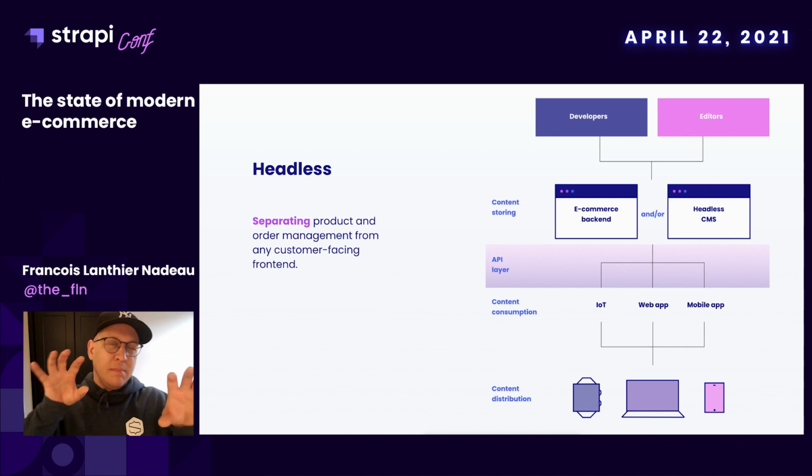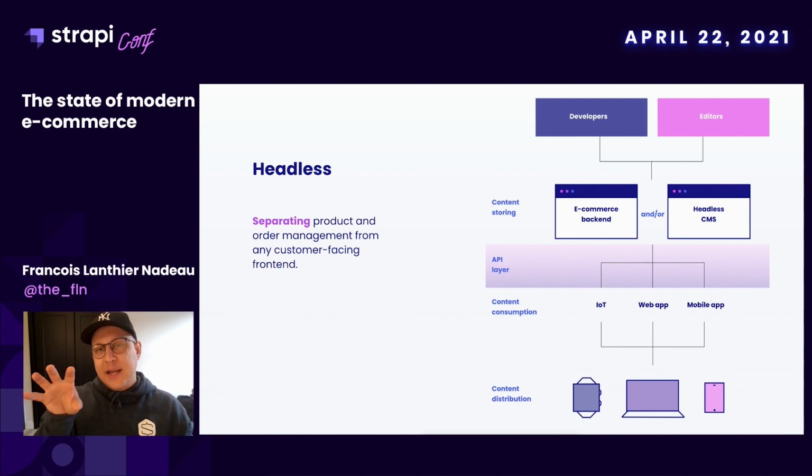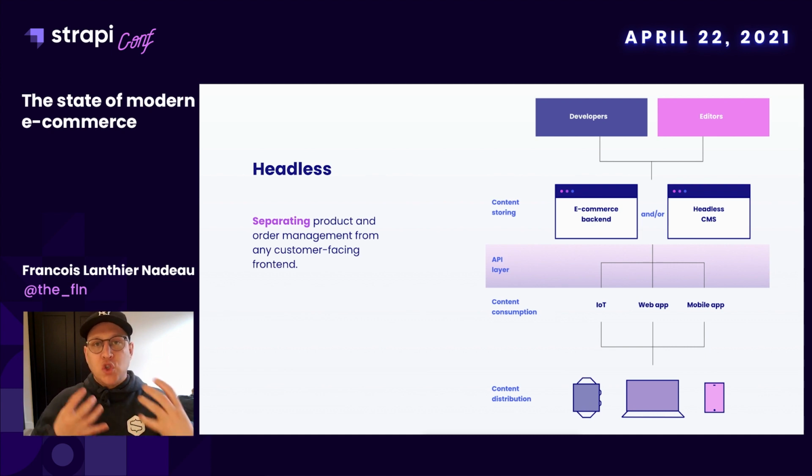And then more often than not, it will be paired with a headless CMS like Strapi, Contentful, Sanity, Nadeau CMS, all of these players. Why? Because these headless CMSs are better at managing an actual marketing site, and the e-commerce backend is better at managing an actual store, an actual e-commerce operation. So paired together in a headless manner, they often go hand in hand.